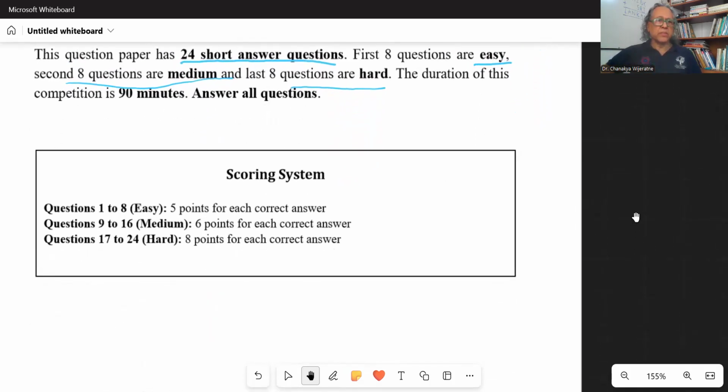Now, the scoring system is 5 points for each correct answer in the easy questions, 6 points for each correct answer in the medium questions, and 8 points for each correct answer in the hard questions. Now, there's a difference between SLMC and SLJMCC.